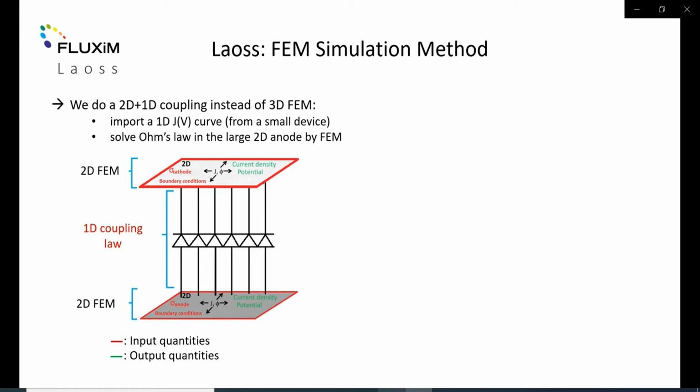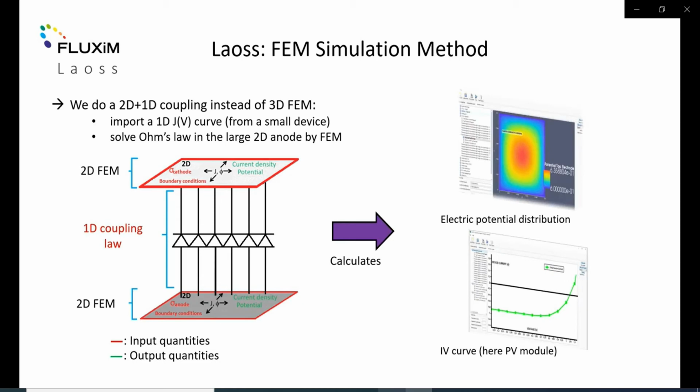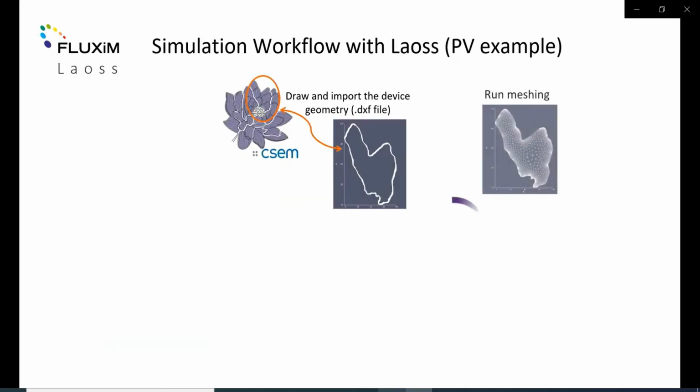Overall, this is a 2D plus 1D approach, which mimics very well the three-dimensional nature of real applications and is computationally much more efficient than a full 3D treatment. LAOS automatically runs meshing and solves the partial differential equations for the system. As an output, the user directly obtains the electrical potential distribution, the IV curve of the device, and much more.